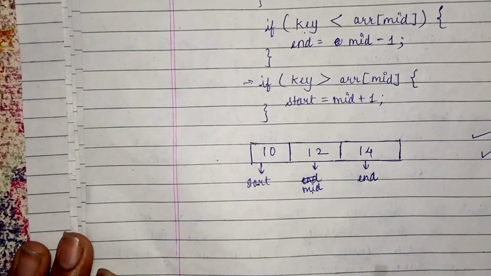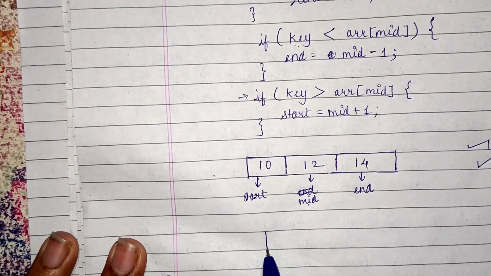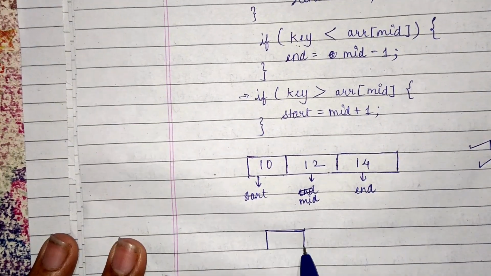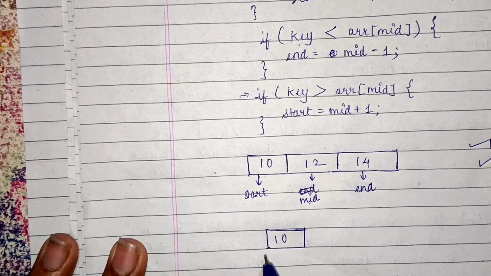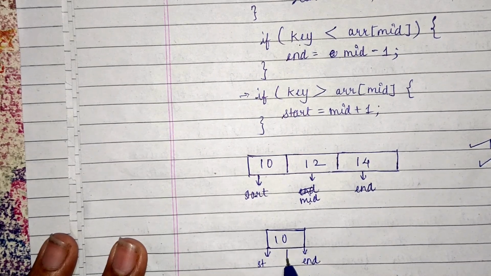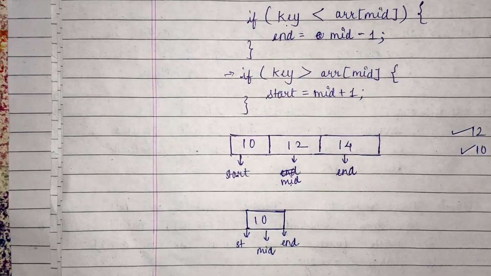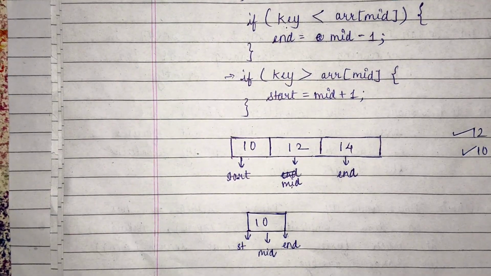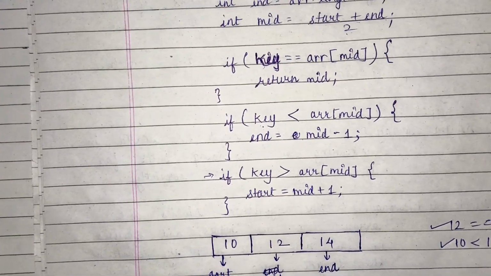Now we will get only 10 here. Now start will be this, end will be this only, and mid value will be this only. And again we check the condition.